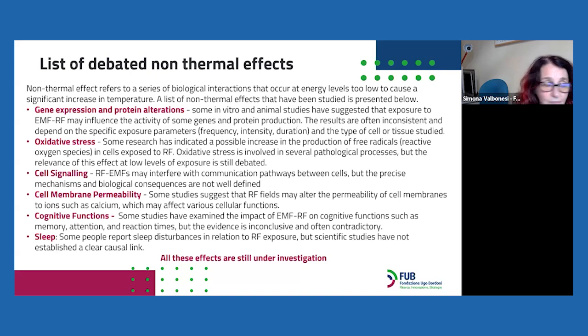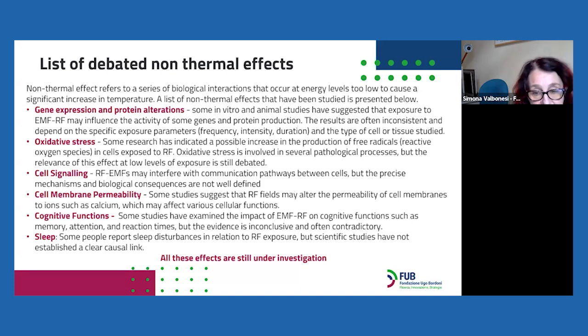The second non-thermal effect is oxidative stress. Oxidative stress occurs when there is an excessive production of reactive oxygen species, also known as free radicals. These ROS are highly reactive molecules that can damage cellular components like DNA, proteins, lipids, leading to cell dysfunctions and potentially contributing to various diseases.